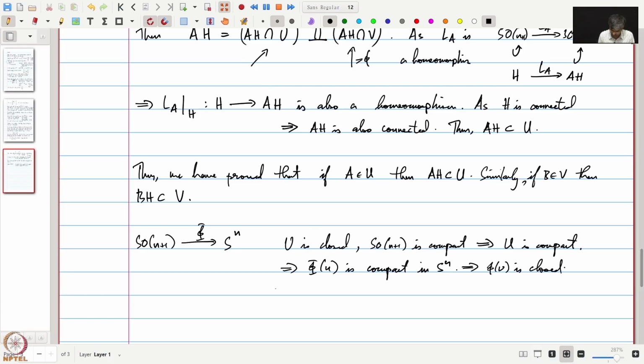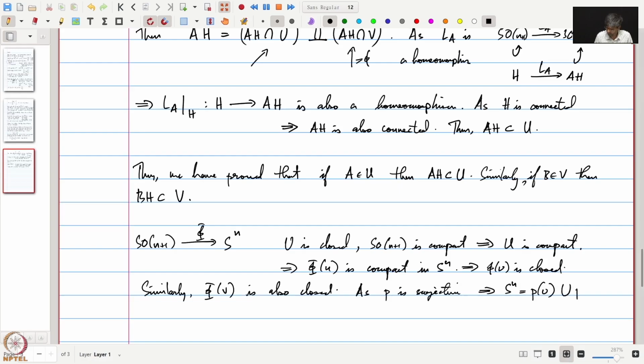So similarly, phi of V is also closed, right? So as phi is surjective, this implies S^n is equal to phi of U union phi of V.